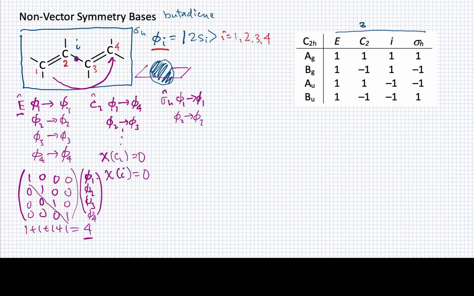In other words, all of these orbitals will stay where they are, they will map into themselves, and they will all appear as ones along the diagonal, so the character representing the sigma h operation in this case will also be 4, just like it was for the identity operation.